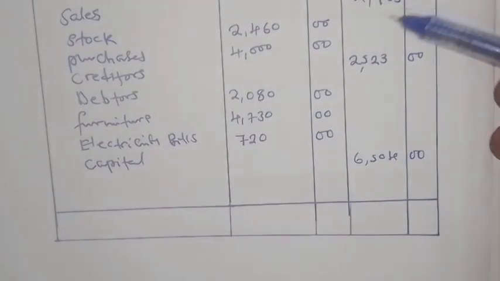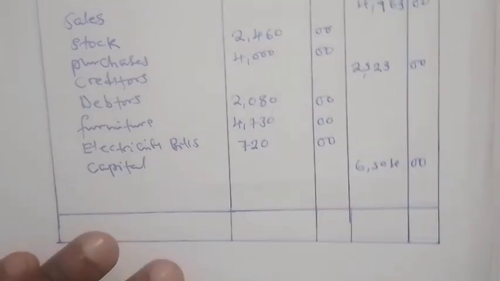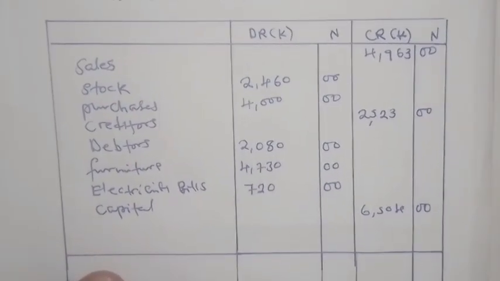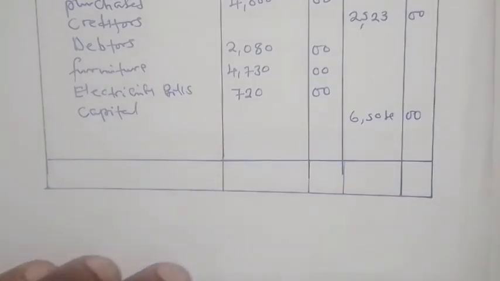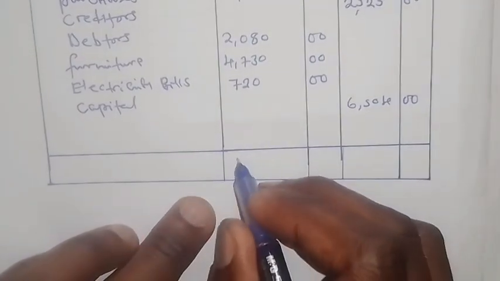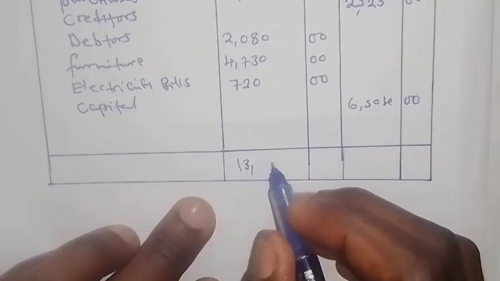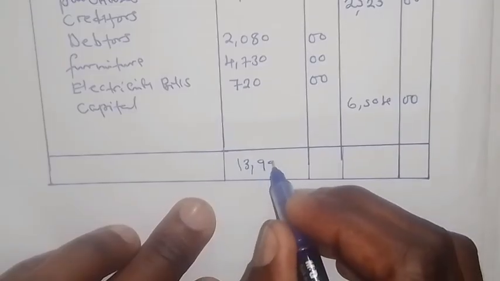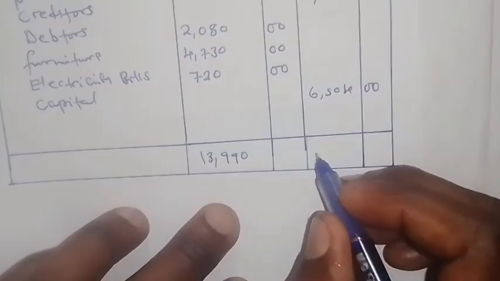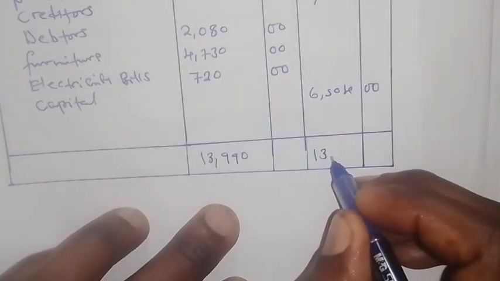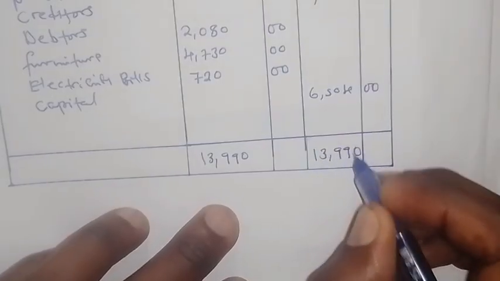So then once you have done that, now you get your calculator. Okay, you get your calculator, so you add the totals on the debit. This will just give you 13,990, and then also on this part to give you the same number, 13,990.